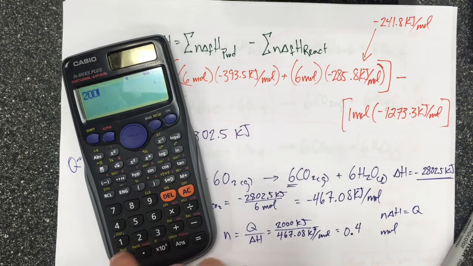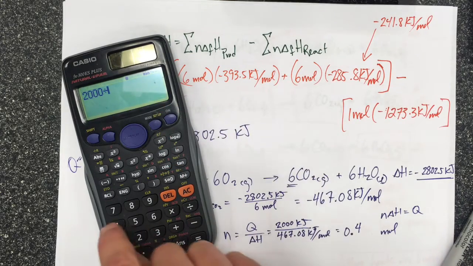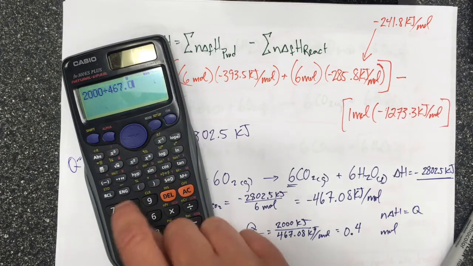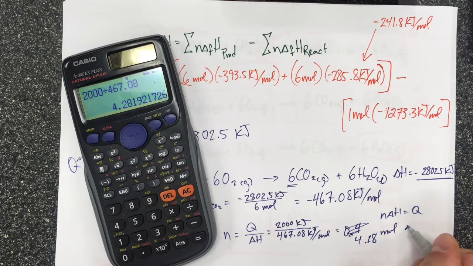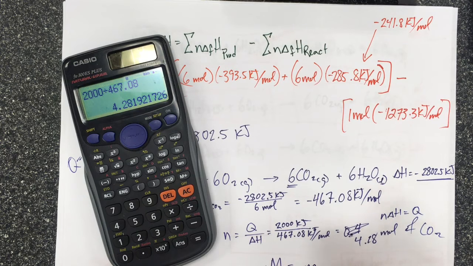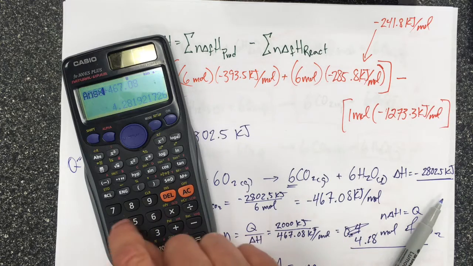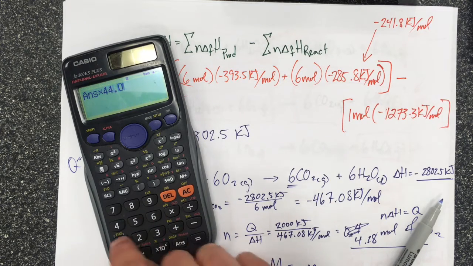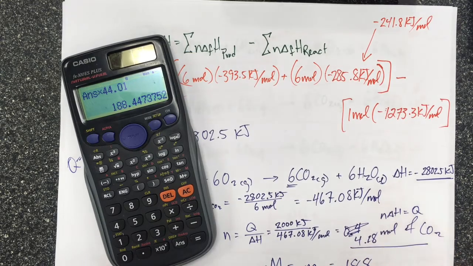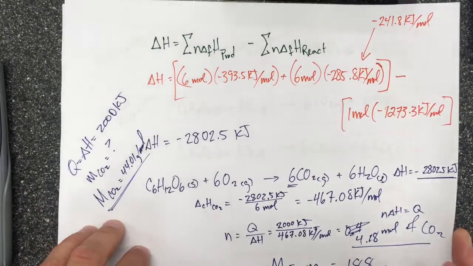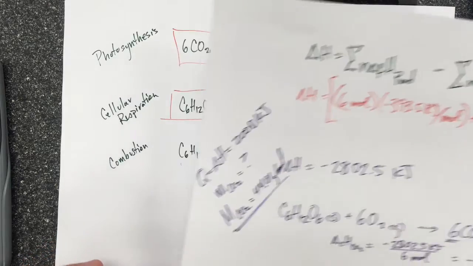Sorry, 2,000 divided by 467.08, I get 4.28 mole of CO2. And so I'm going to take the number of moles times the molar mass, and that'll give me the mass of carbon dioxide. So if I multiply this by 44.01, I'm going to get 188 grams of carbon dioxide being produced in that reaction.